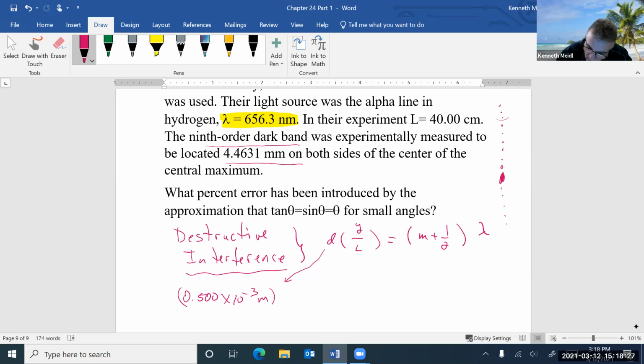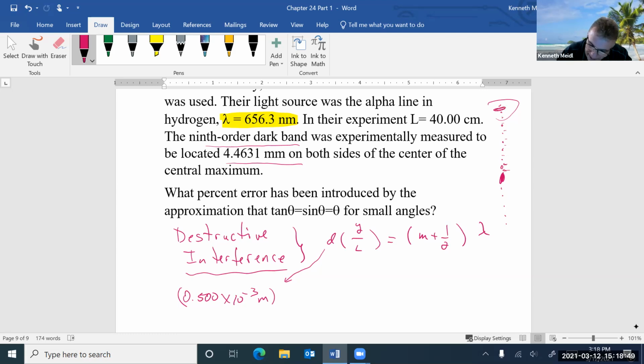So they're looking way down in this region right here. This is the first dark band. Here's the second dark band, the third, the fourth, the fifth, the sixth, the seventh, the eighth, the ninth.